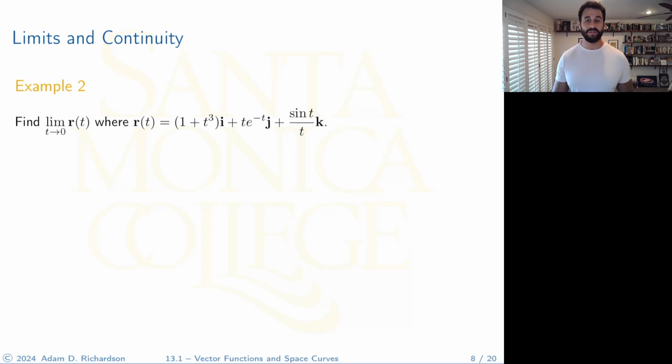All right, now let's do it together. So like I had said just a moment ago, the limit of a vector function is computed by just finding the limits of the component functions. So we need to take the limit as this goes to 0, the limit as this goes to 0, and the limit as this goes to 0. And provided all those limits actually exist, then the limit will be the vector that consists of these three individual limits.